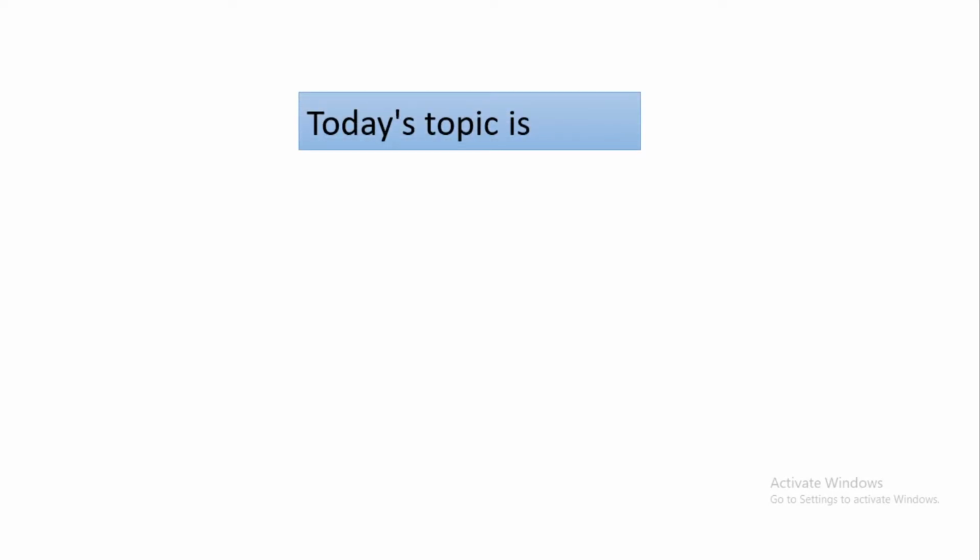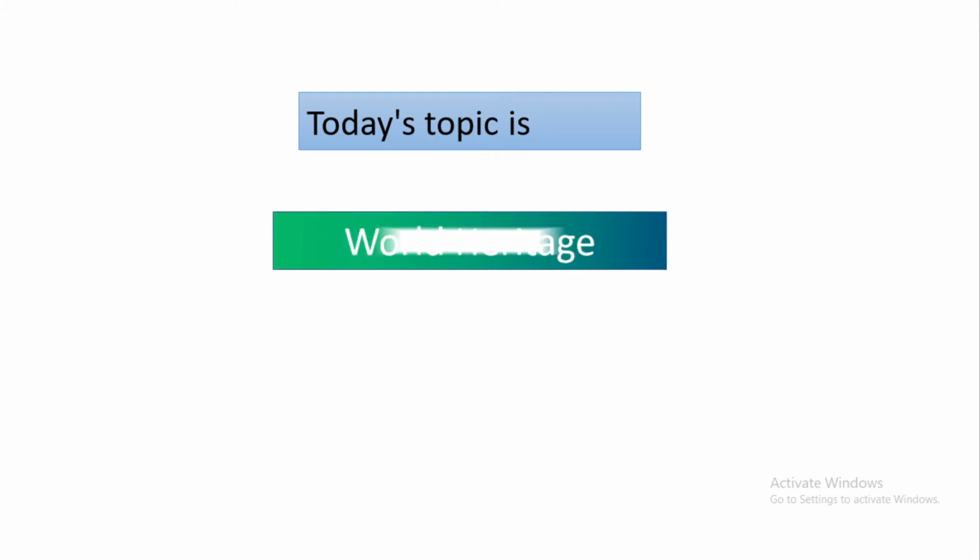I hope you can easily understand what I am going to teach you today. So, today's topic is World Heritage. In the previous lesson, I taught you lessons 1 and 2 of Unit 8, and today I will teach you lessons 3 and 4.